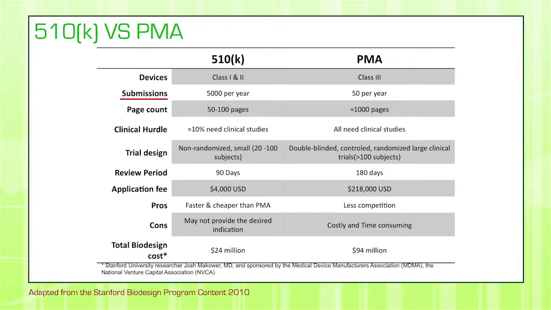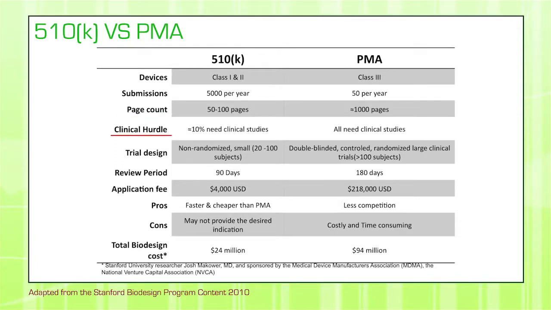Submissions in 510K pathways are much more common than in PMAs, and actually there are 5,000 per year for 510K against 50 per year in the US for PMAs. The page count of a file of due diligence, clinical data, evidence, and everything that you have to submit to the FDA is on average 50 to 100 pages in a 510K application, while it could easily exceed 1,000 pages in a PMA application.